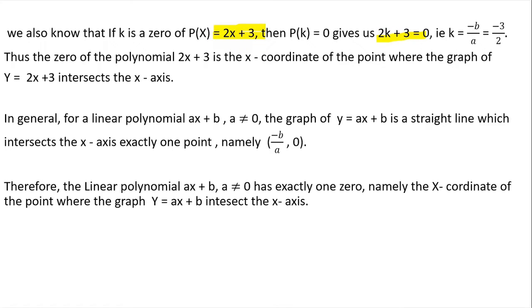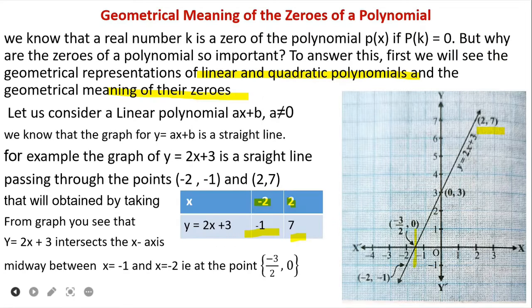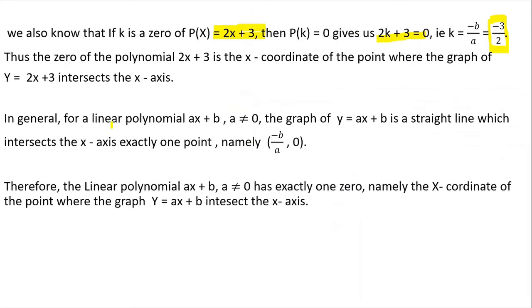From that, we get the k value as k is equal to minus 3 by 2. So minus 3 by 2, 0 is the point at which the line y is equal to 2x plus 3 exactly intersects the x-axis.